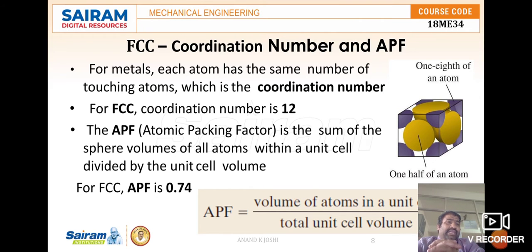So for FCC, you should remember the atomic packing factor is 0.74. It means, in the total unit cell, how much volume is occupied by atoms in a single unit cell. That is the concept, and you can also take it as a percentage: 74% atomic packing factor.